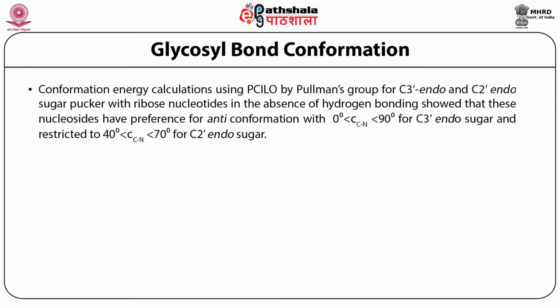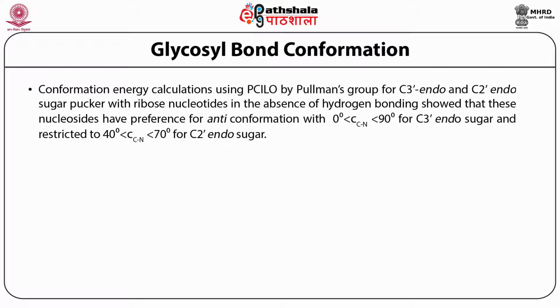The glycosyl bond conformation was studied in Pullman's group using the CNDO technique for C3-endo and C2-endo sugar puckers with ribose nucleotides in the absence of hydrogen bonding.